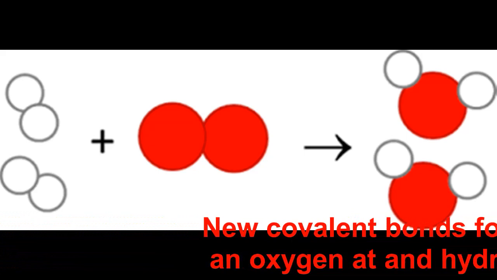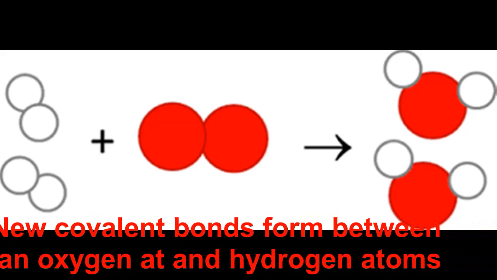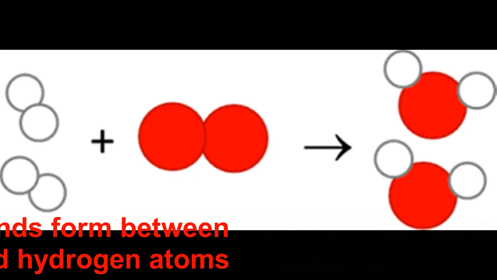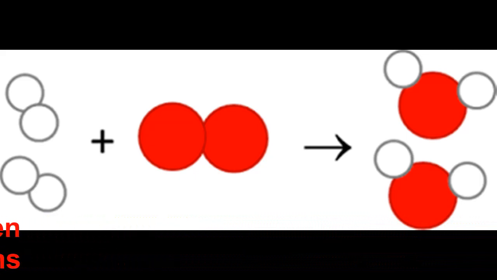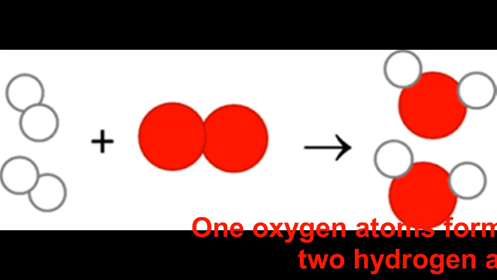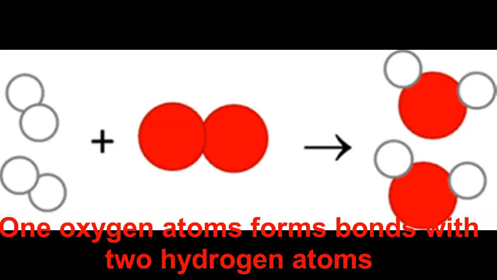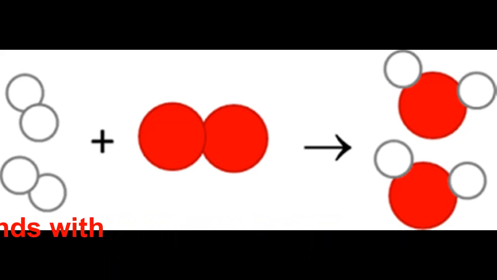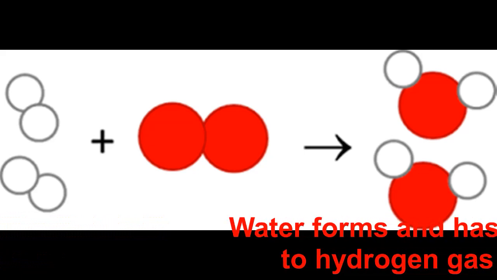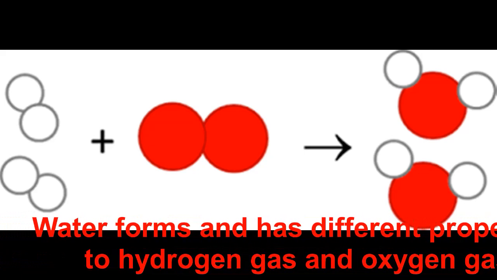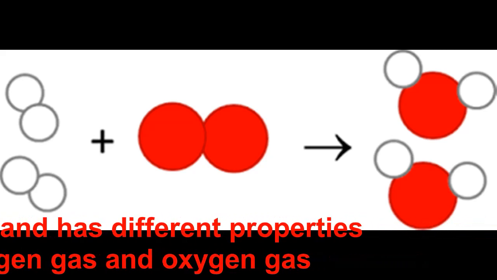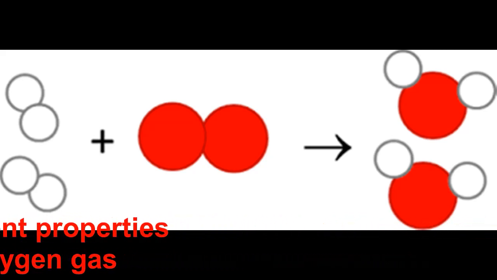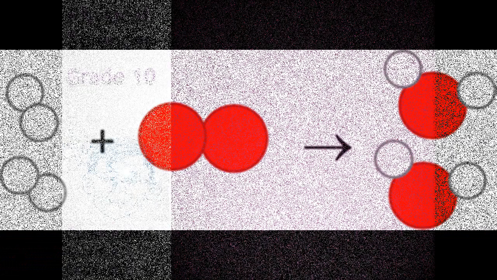In this explosive change, the hydrogen atoms and the oxygen atoms, where the bonds have been broken, form new bonds. The oxygen bonds with two hydrogen atoms, and they form covalent bonds. So here bonds have been broken and new bonds have been formed, forming a stable compound that is unlike the two reactants in the reaction.